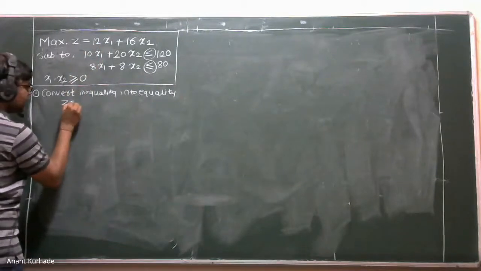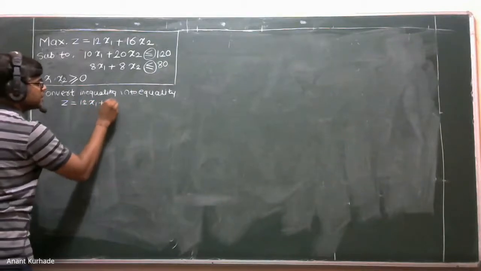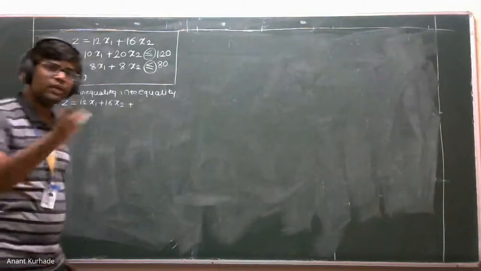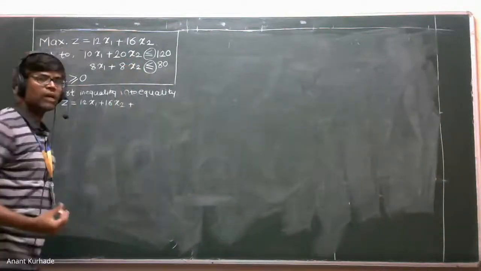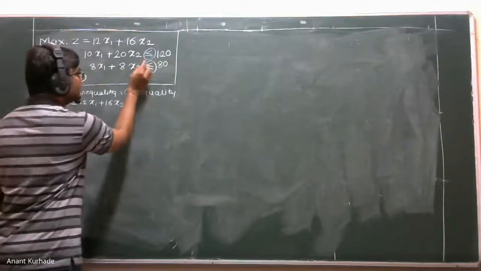Then we can start with z is equal to 12x1 plus 16x2 plus. Now tell me, how many constraints do we have here? We have two constraints, and both are less than.